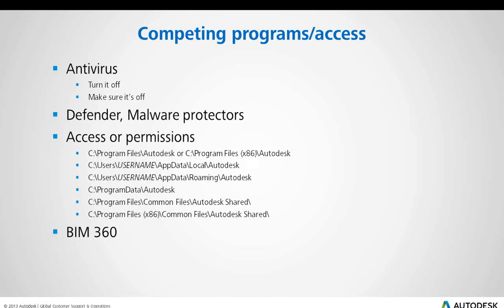And sometimes if you already have that installed from a previous install and then you're doing a reinstall using a suite installer, and this only applies to suite installers, then it will see that that BIM 360 add-in is already installed, and most likely you have applied an update to it since it got installed, so it's a newer version than what the suite installer is looking for, and the suite installer fails out at that point.